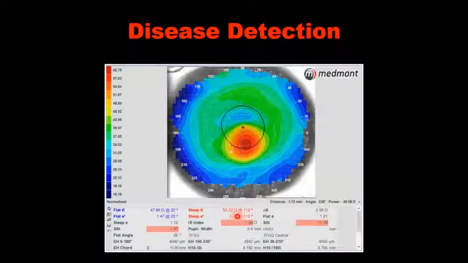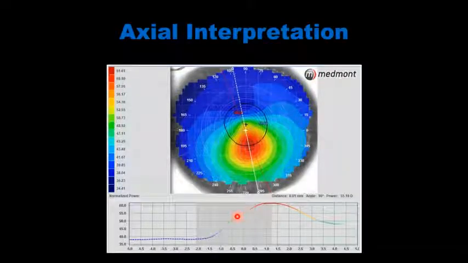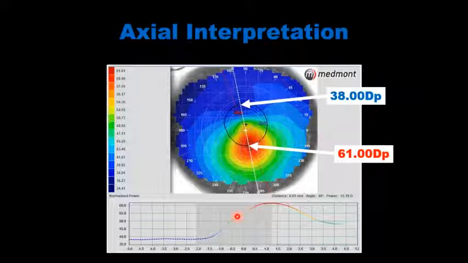If it were green, it would be normal. So the disease detection indices are all saying this is definitely an abnormal eye. This can be helpful when you have a patient that's interested in refractive surgery and they would like you to refer them off to have surgery done. This would be a patient that most certainly would not be a good candidate for any kind of additional thinning of the cornea.